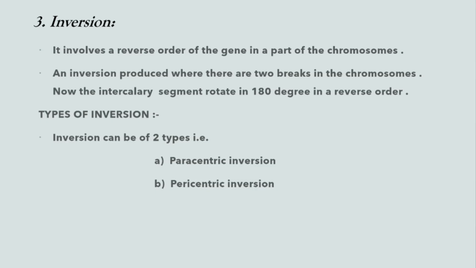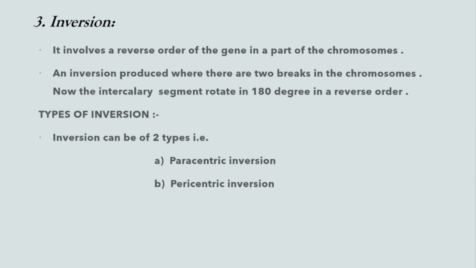Then, inversion. It involves a reverse order of the genes in a part of a chromosome. So basically, here a segment gets reversed in its sequence, it will rotate. An inversion is produced where there are two breaks in the chromosome. दो breaks आएंगे.